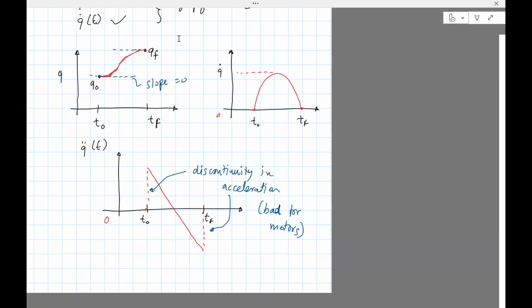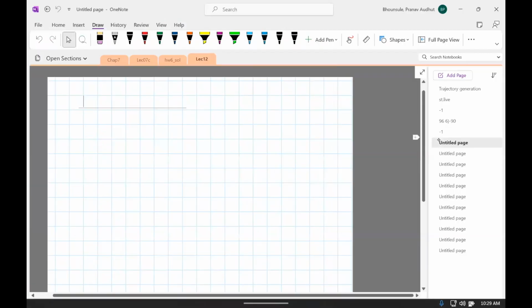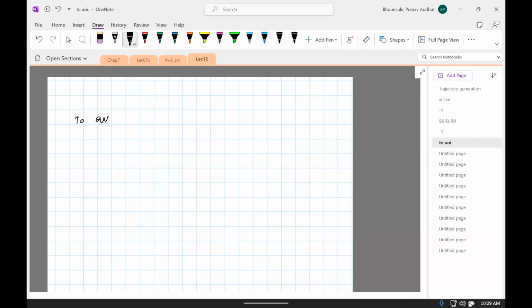How will you avoid acceleration discontinuity? You could just extend the idea which I just told you, which is you had 4 conditions, 2 being for velocity, 2 being for position. You could have 6 conditions. So to avoid this, add two more conditions.